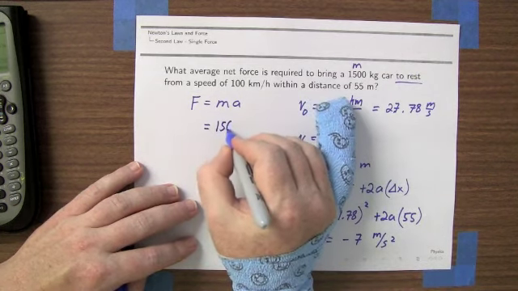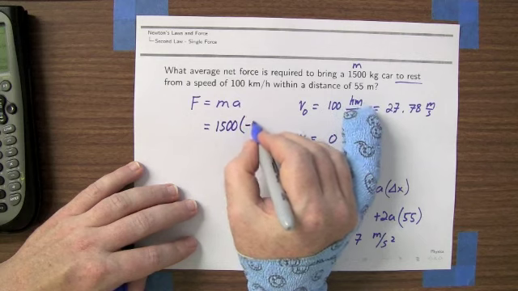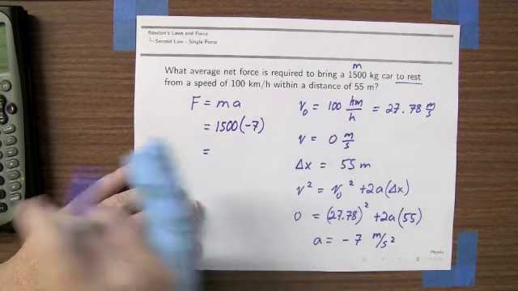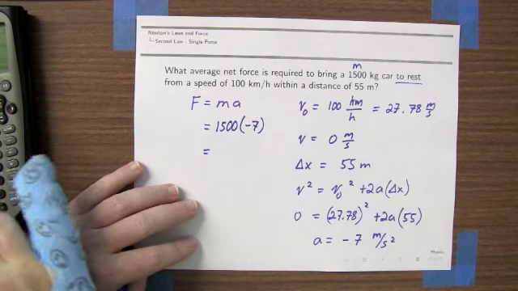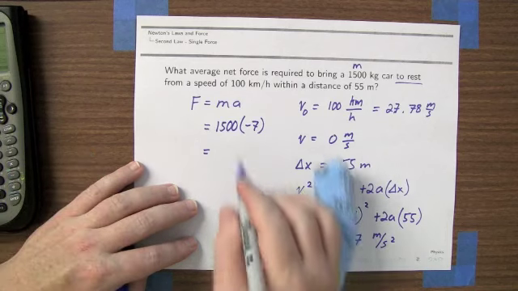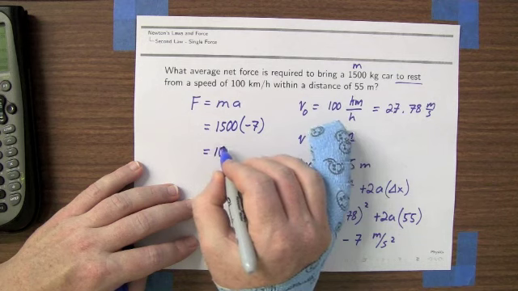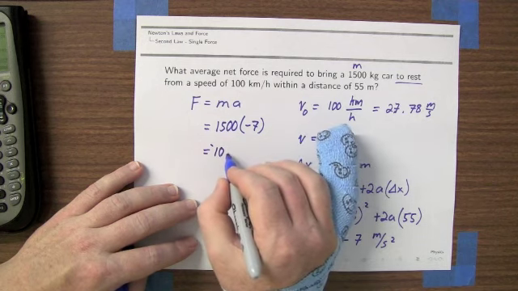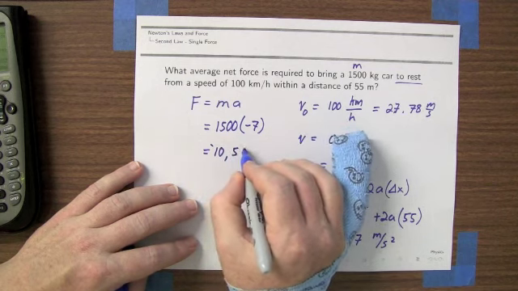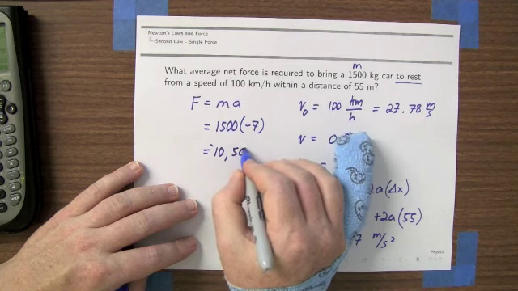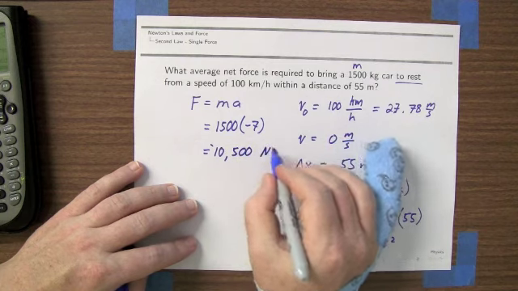So 1500 is the mass. Acceleration is -7. So negative 10,500, basically about 10,500 newtons.